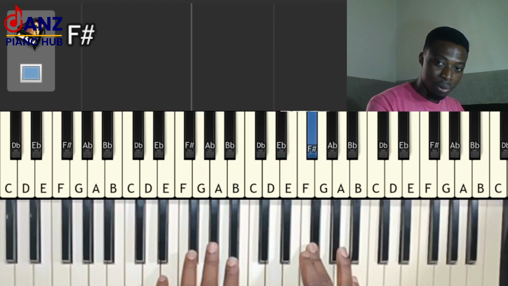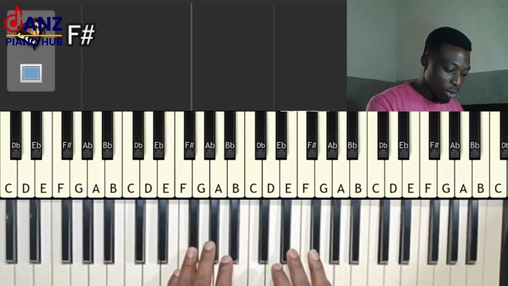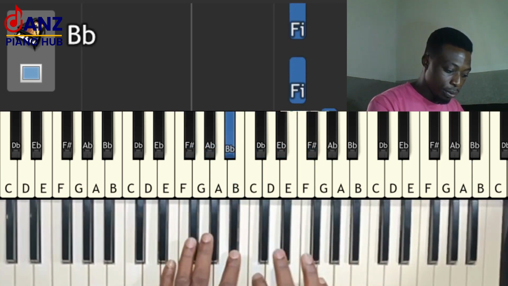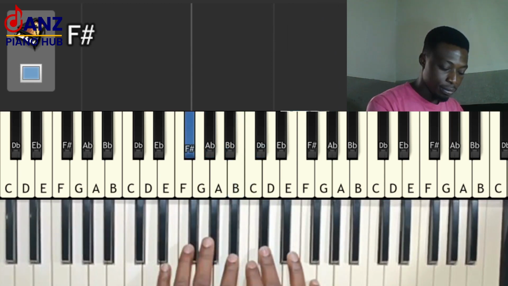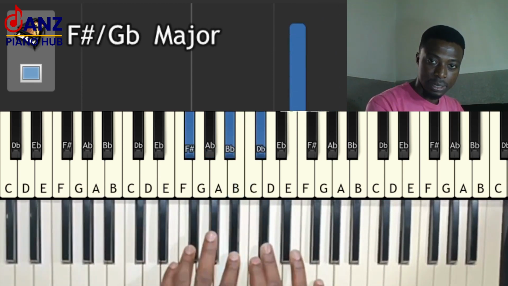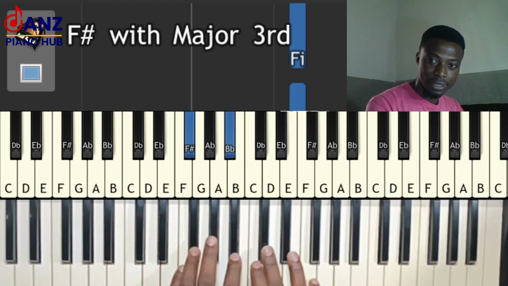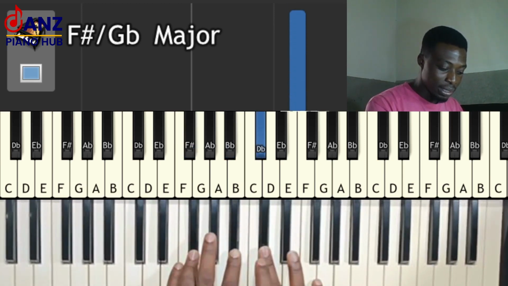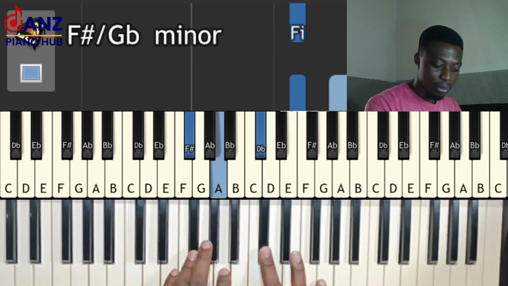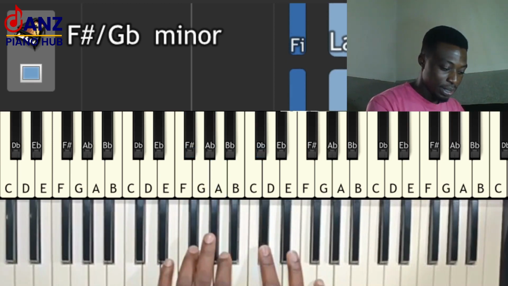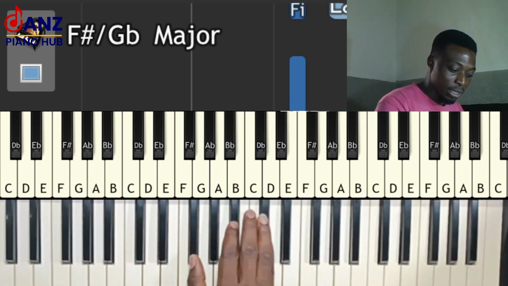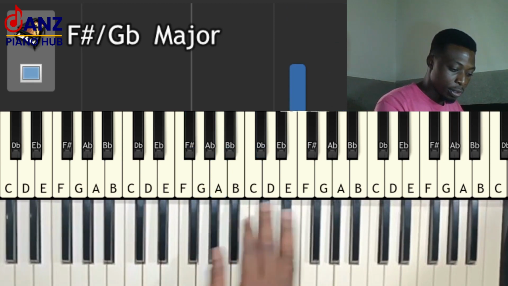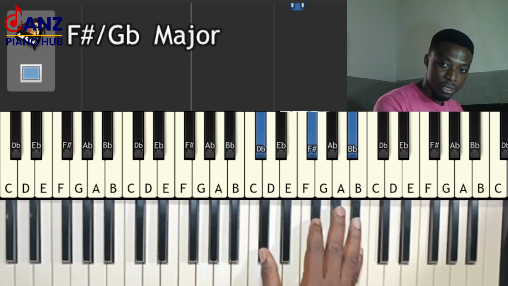So to get our chord, we say it's 1, 3, and 5. Now, if we flatten our third, we get the minor. So we have the inversion pattern: root position, first inversion, second inversion.